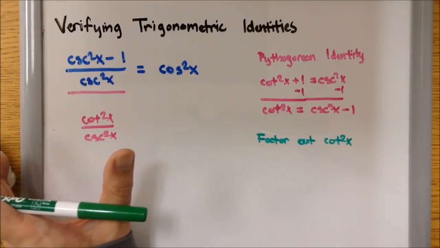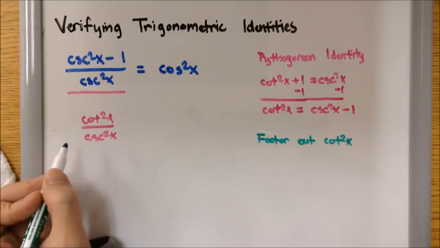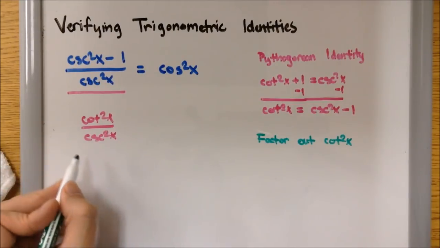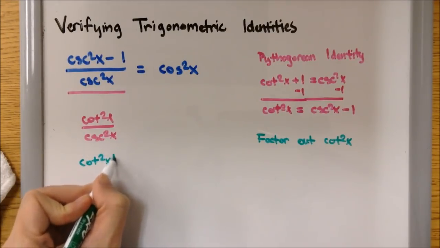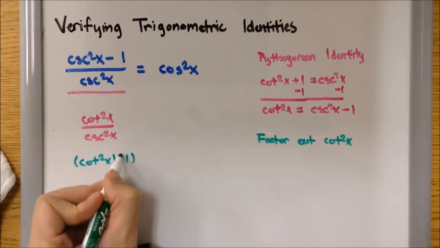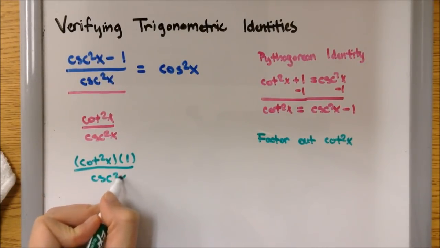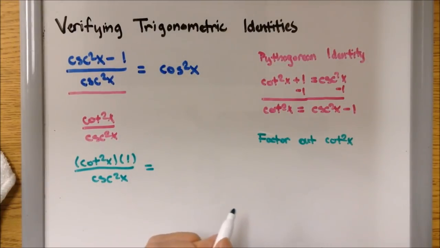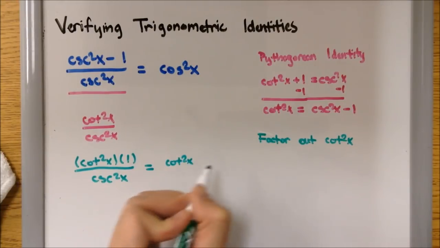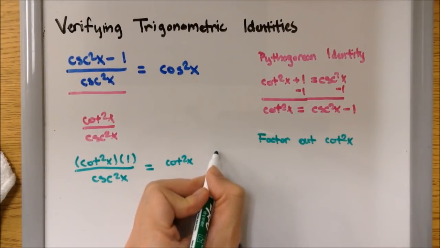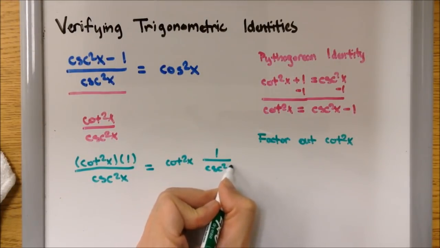If I were to ask you what would be the factor for cotangent squared x, the easy one would be cotangent squared x times 1 over cosecant squared x.